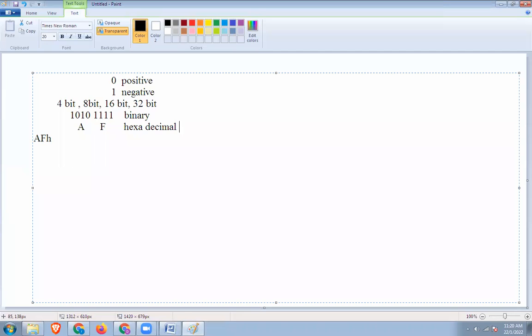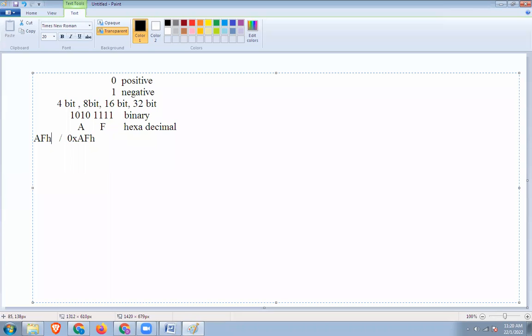When I write a binary number, 10101111 is enough. But when I write a hexadecimal number, along with that representation an H is written at the end. Most computer systems also take 0xAF as another way of representation.